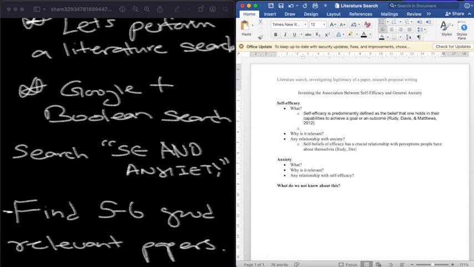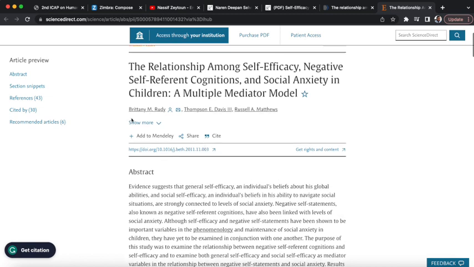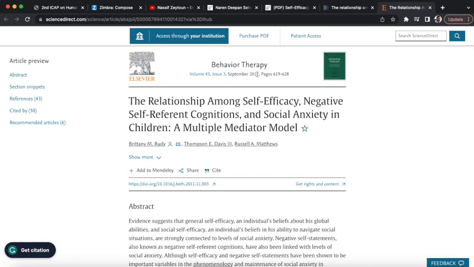Rudy, Davis, and Matthews, 2012. So, this is my in-text citation. Rudy, Davis, Matthews, these are surnames of the writers. You can see Brittany M. Rudy, Thompson E. Davis, and Matthews. I'm going to just select the surnames, and then I'm going to use that and then the publication year for this. So, then that's all right.